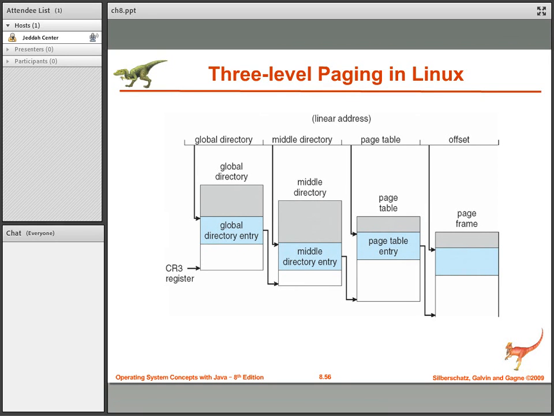Once you specify the middle directory entry, this is tracked to the page table with the page table entry, and finally the offset is introduced within the page frame in the memory. This is the end of chapter 8.